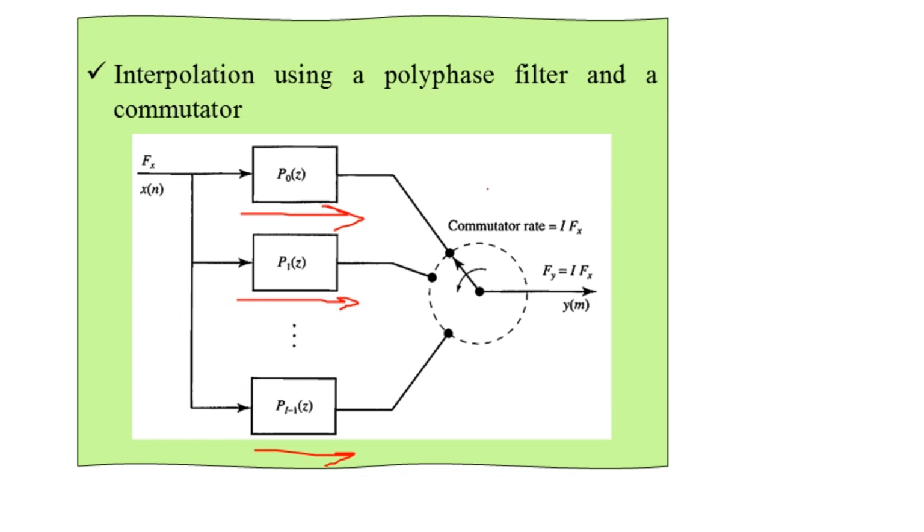The commutator is shown, and the commutator rate is I multiplied by Fx here. So finally Fy is equal to I multiplied by Fx for the output discrete time sequence y of m, whereas the input x of n was at the rate Fx here. So this was our topic, polyphase decomposition.